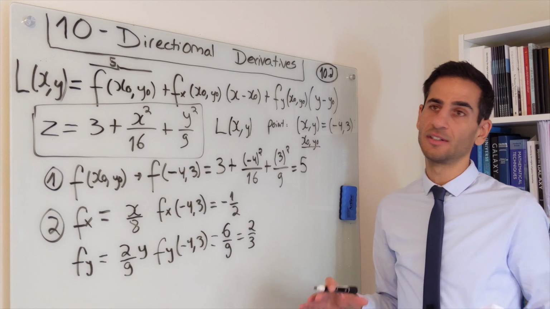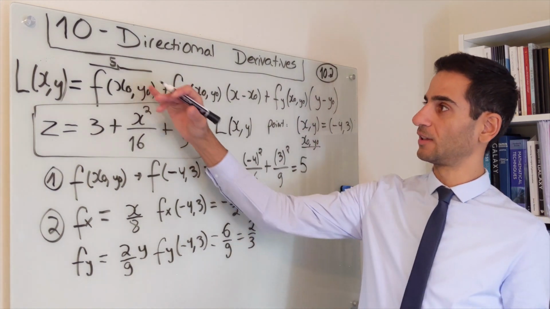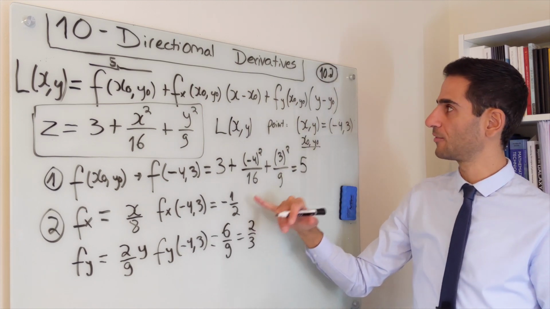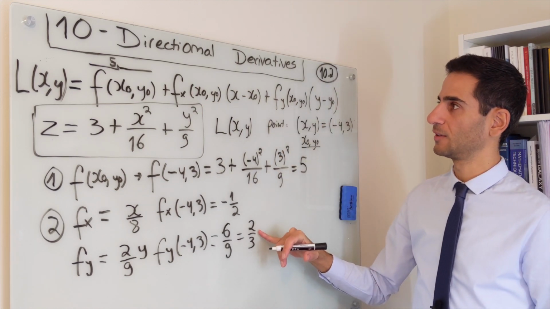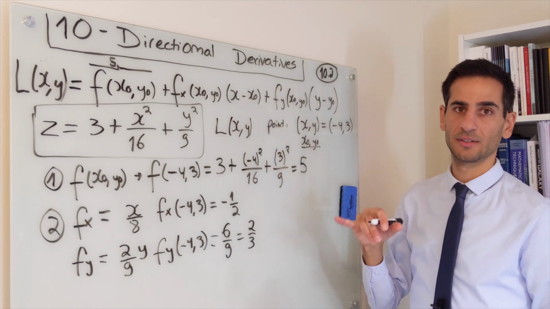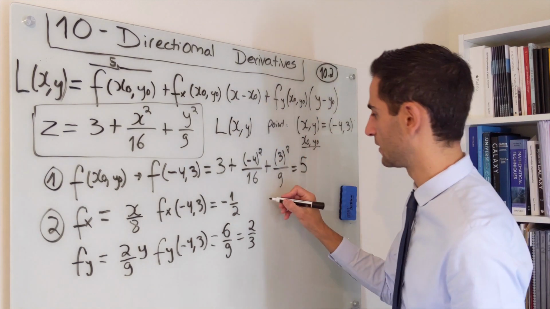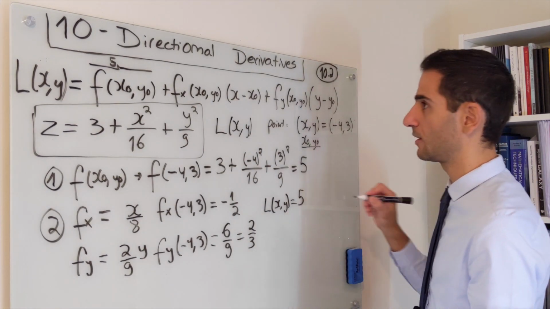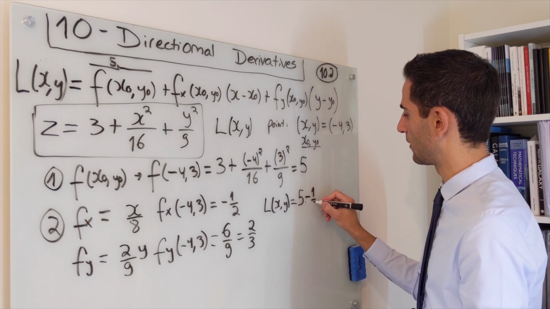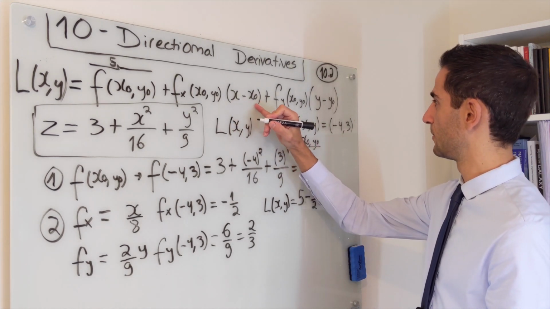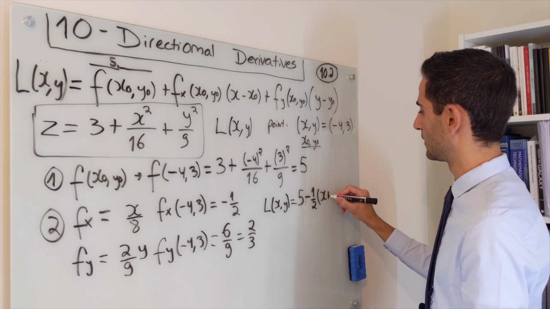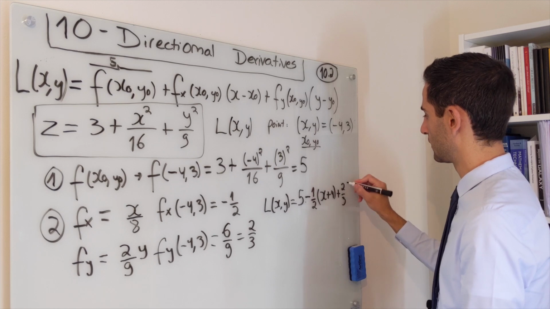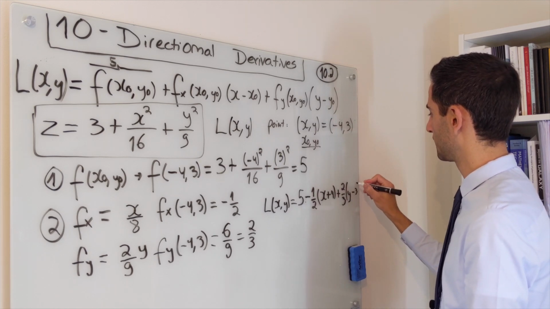Once you do this, you have all the ingredients you need to calculate the linear approximation. We already know that this is 5. Here you're going to be plugging in -1.5. Here you plug in 2/3, and here you're plugging in the points. And this means you can write this finally as L(x,y) equals 5 minus 1.5 times x minus -4, that gives you a plus, and then plus 2/3 of y minus 3.